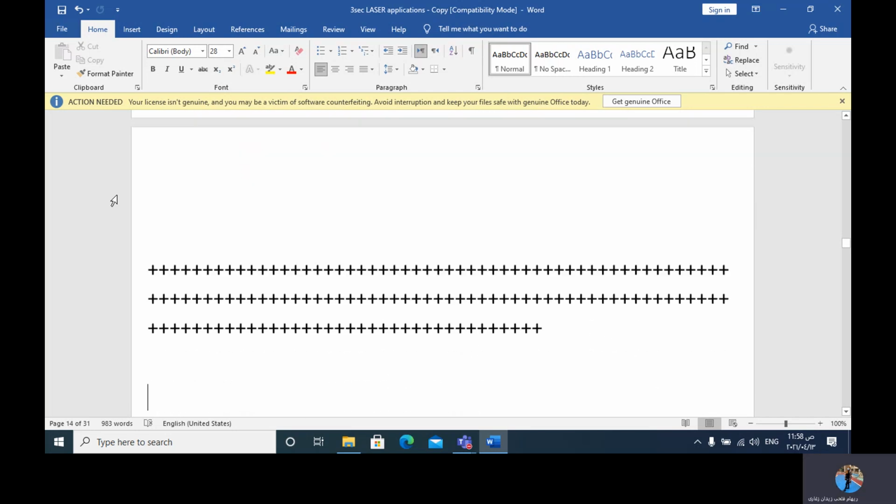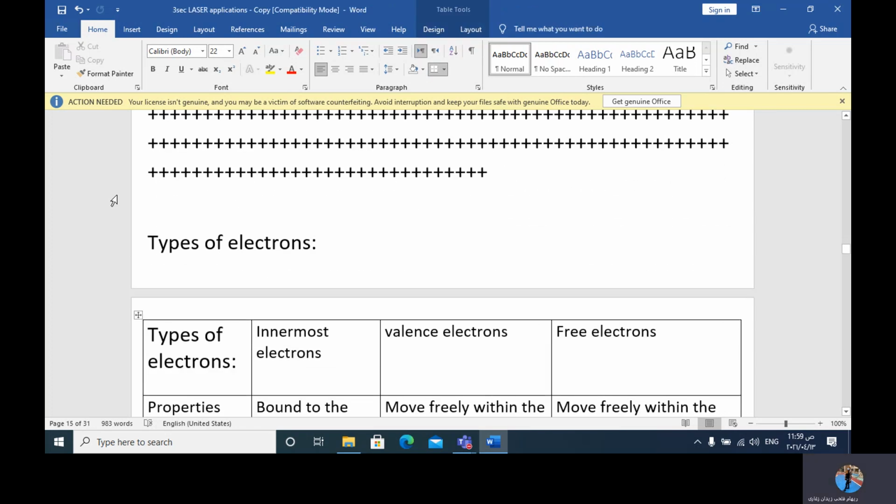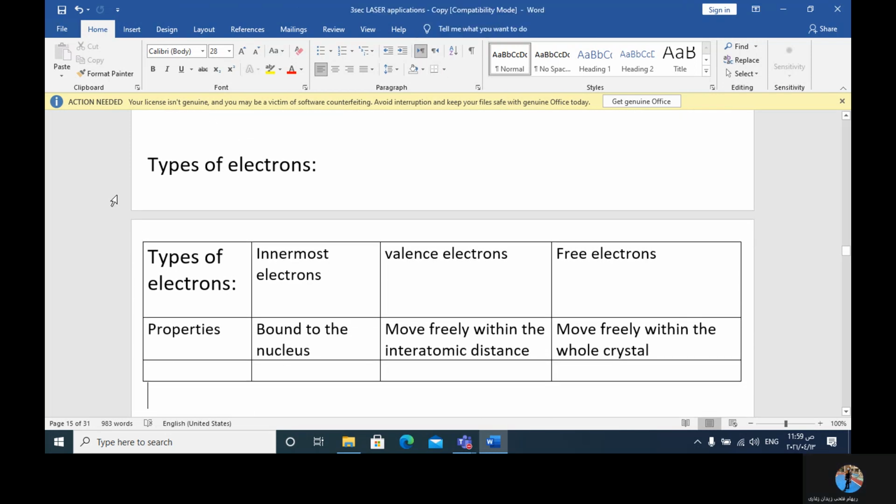But let's now focus. Before discussing semiconductors further, we need to know the types of electrons. We know that electrons are negatively charged particles and they revolve around the nucleus.